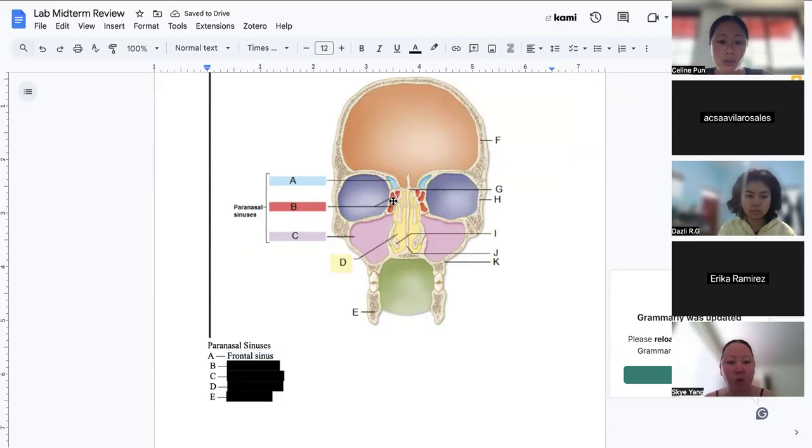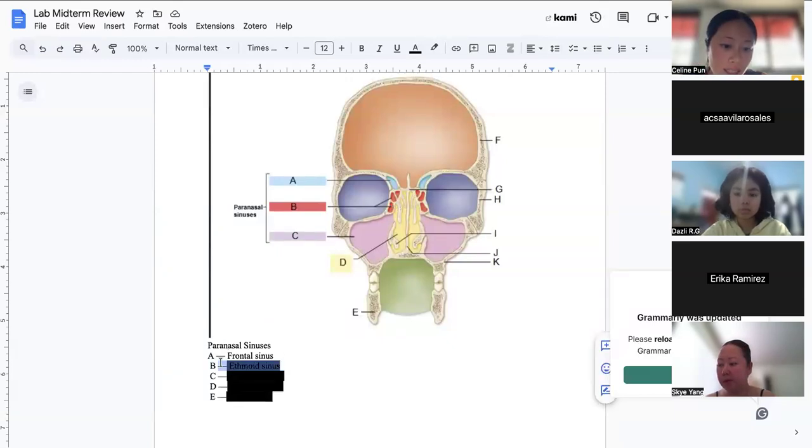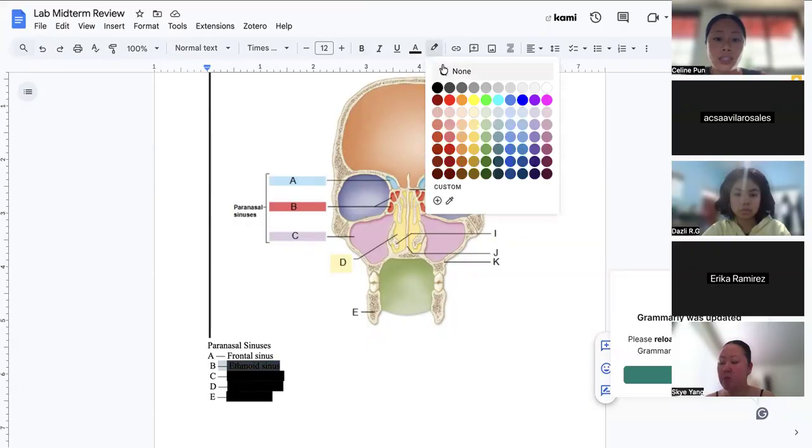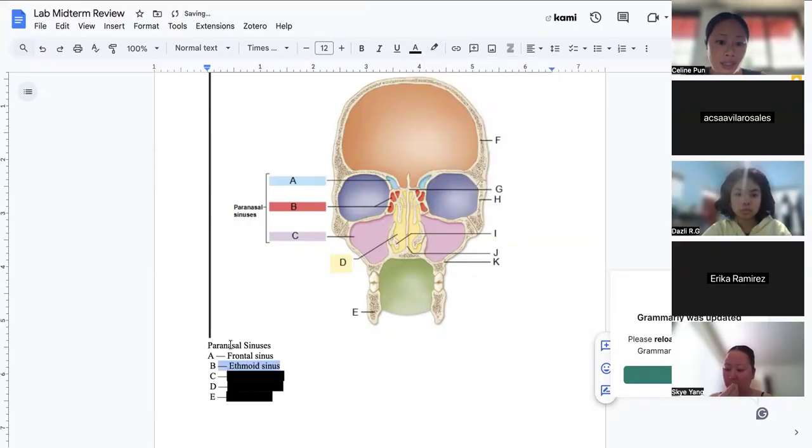And then B, what is the one right under that? Yep, your ethmoid sinus. That's what we just talked about, where that one bone is.